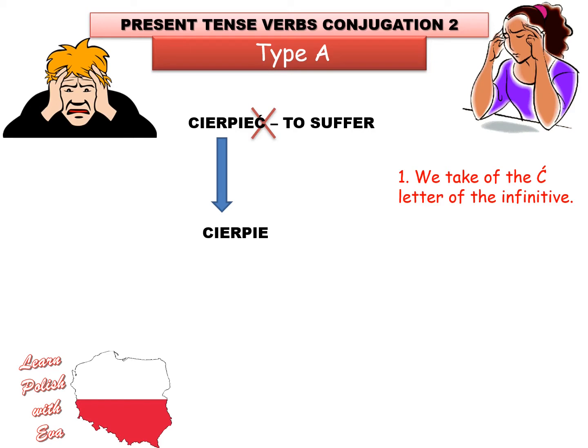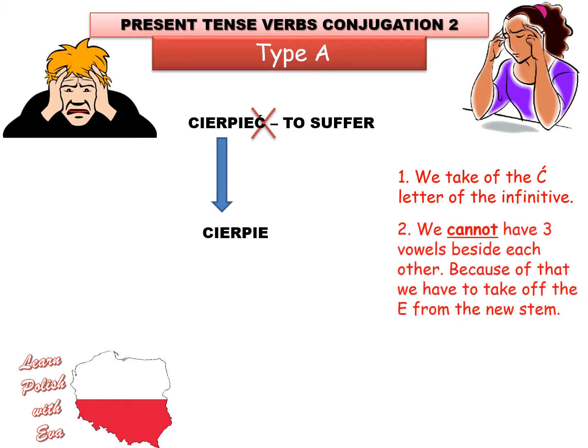But another rule you have to remember: we cannot have 3 vowels beside each other, not in this combination. This is a rule of thumb, it's not always applicable. Everything has its exceptions. But as a rule of thumb, we don't have 3 vowels beside each other. We have to take off that e.